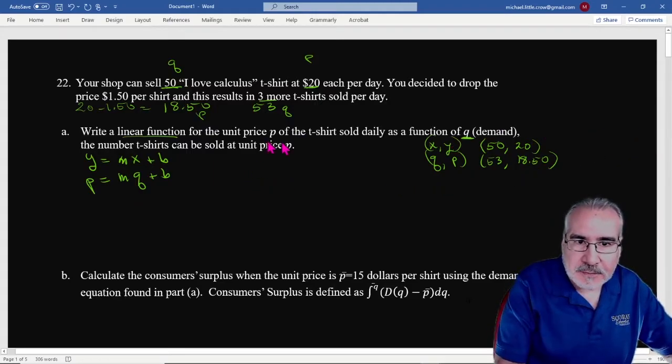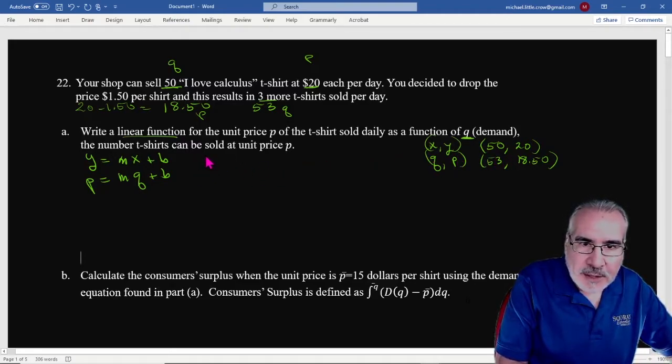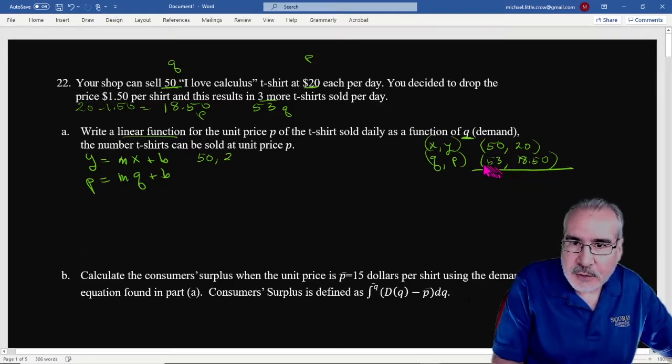So slope here is going to be y2 minus y1, right? So actually I'm going to do this the ancient Indian way, from ancient India. I'm going to just line up the points. I just need to subtract 1 point from the other. So 50 minus 53, since I'm going that way, I get a negative 3. 20 minus 18.50, so that's $1.50, and it's positive because of the way I'm doing the subtraction.